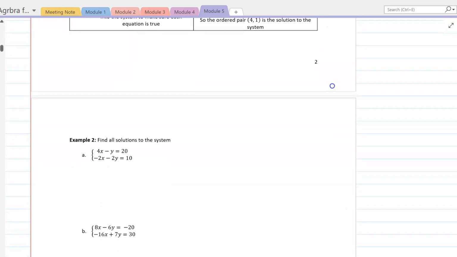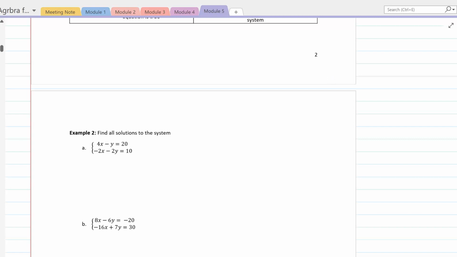Let's take a look at how this problem would work. We want to find the solution to the system 4x minus y equals 20 and negative 2x minus 2y equals 10. What I want to do here is eliminate y.